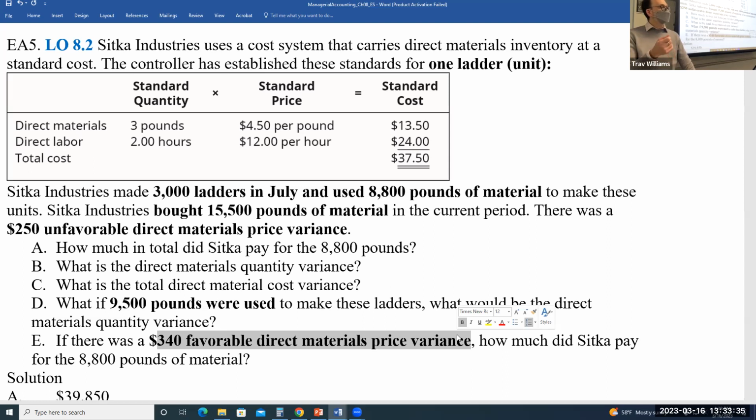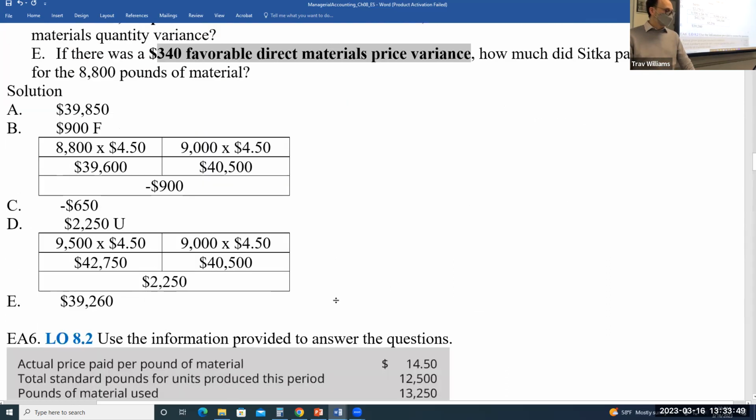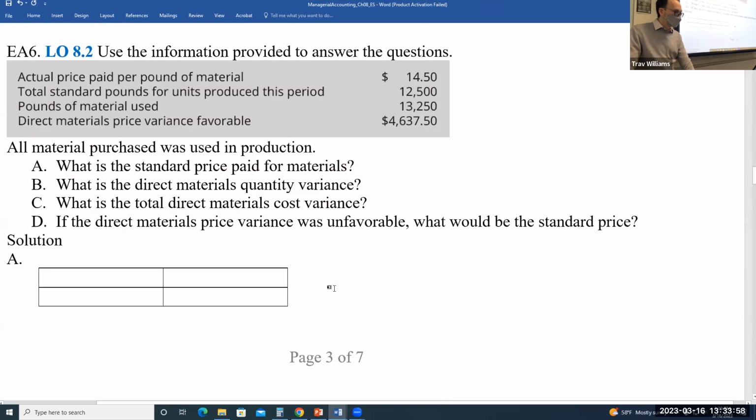But then to see what a $340 favorable variance would be, we just subtracted that amount to show what it would look like if they saved $340 compared to the standard. And that's how we got our 39,260. Okay. All right. Shall we move on? I think we shall.